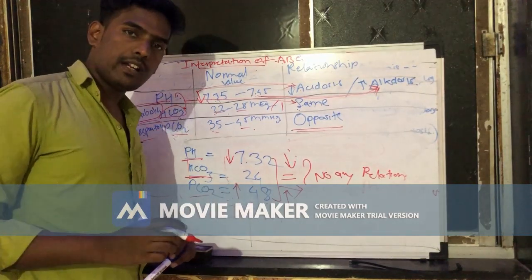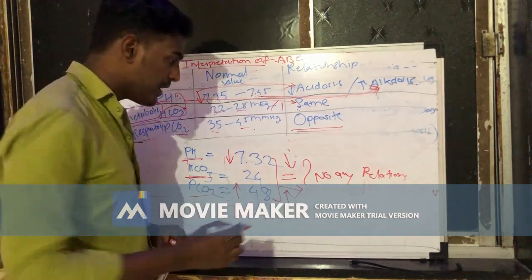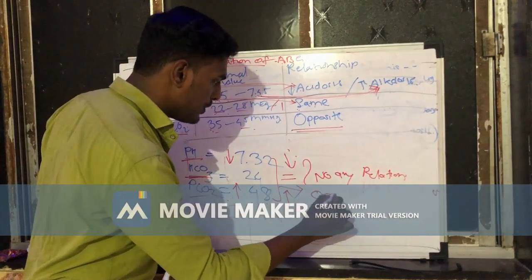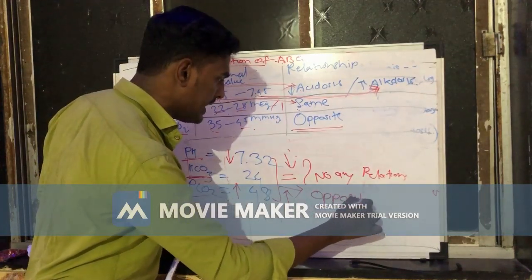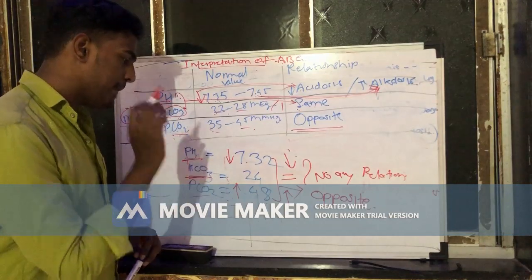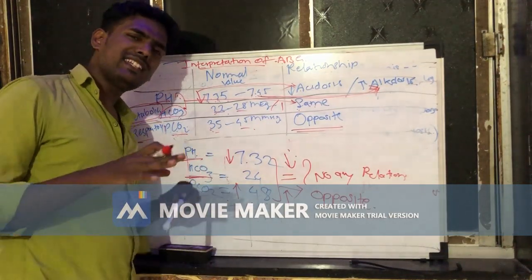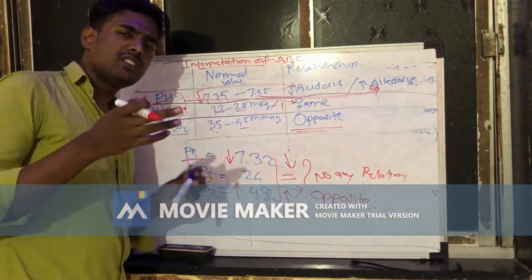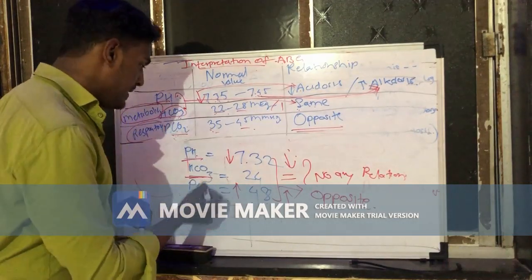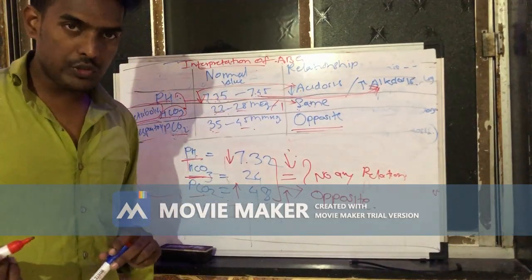Is it the same relation? No, opposite relation, right? So opposite relation is going to be seen between the pH and PCO2. And what is the HCO3? He is in the same position. He is not involved now.